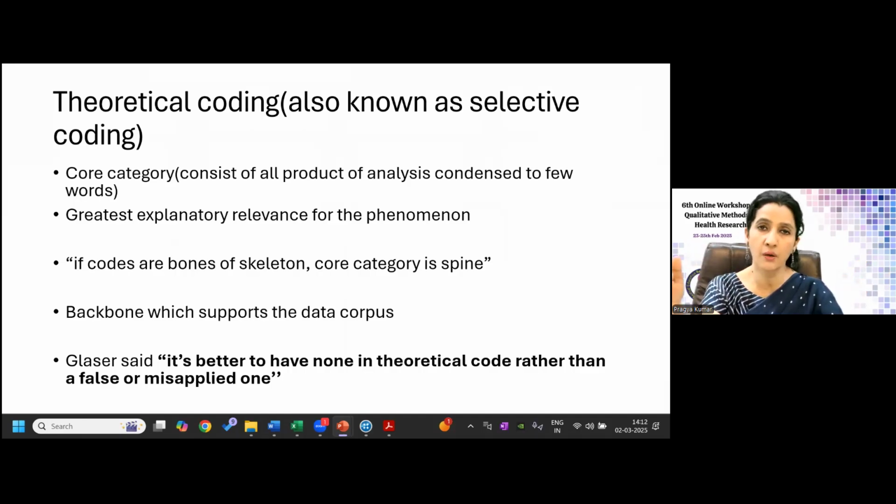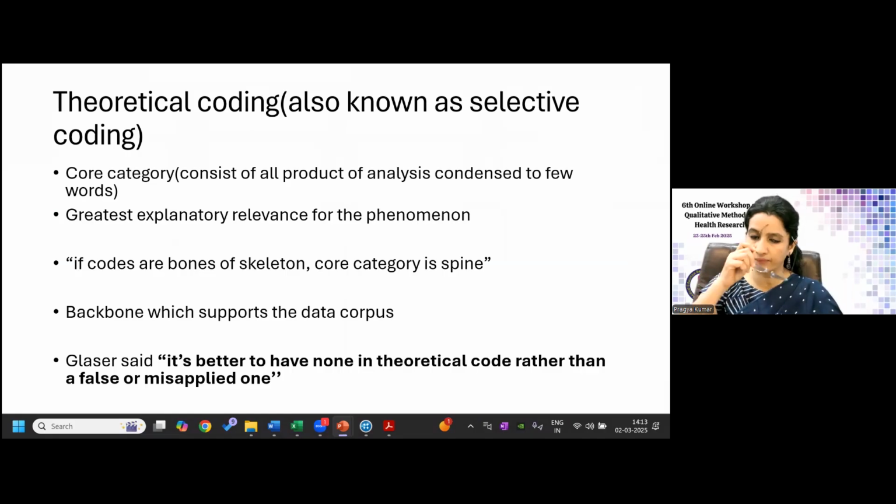Even if you started with the grounded theory approach and have done the data analysis up to axial coding, establishing the relationships between the categories, but you are confused what to say, you should not be under pressure to declare a prominent theory unless you are very sure. Under pressure, authors conclude with a bad core category. He said it is better to have none in theoretical coding rather than a false or misapplied one. Okay, so that's theoretical coding.